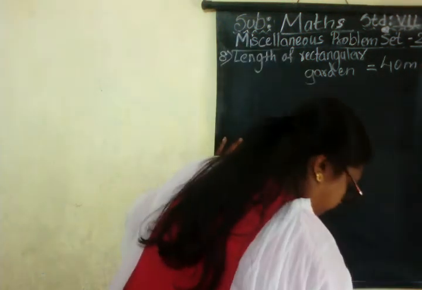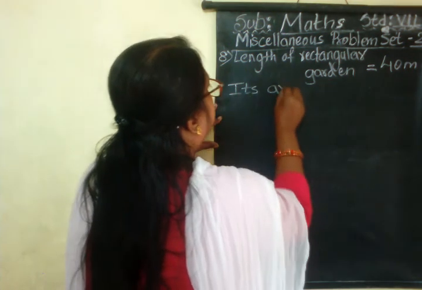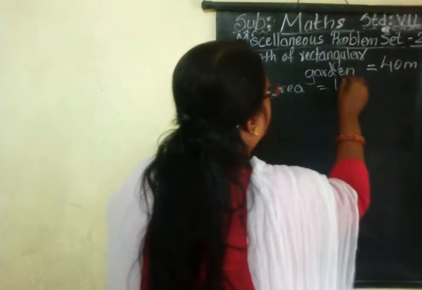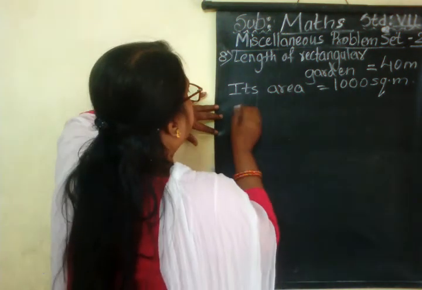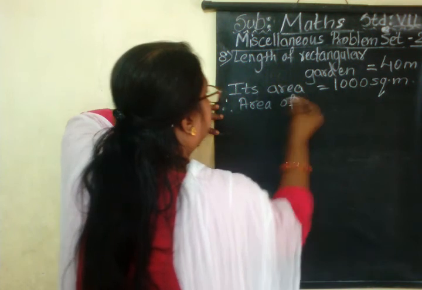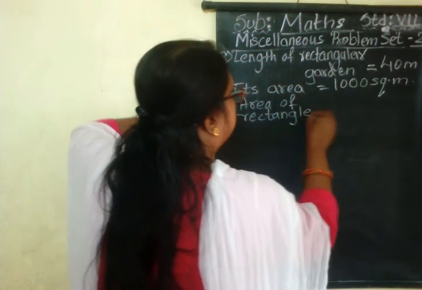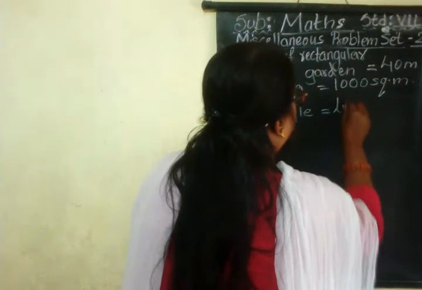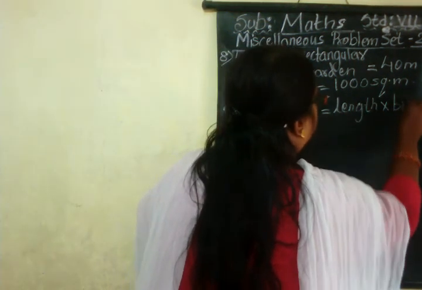Then its area is given 1000 square meter, right? Now therefore area of rectangle is equal to length multiplied by breadth.